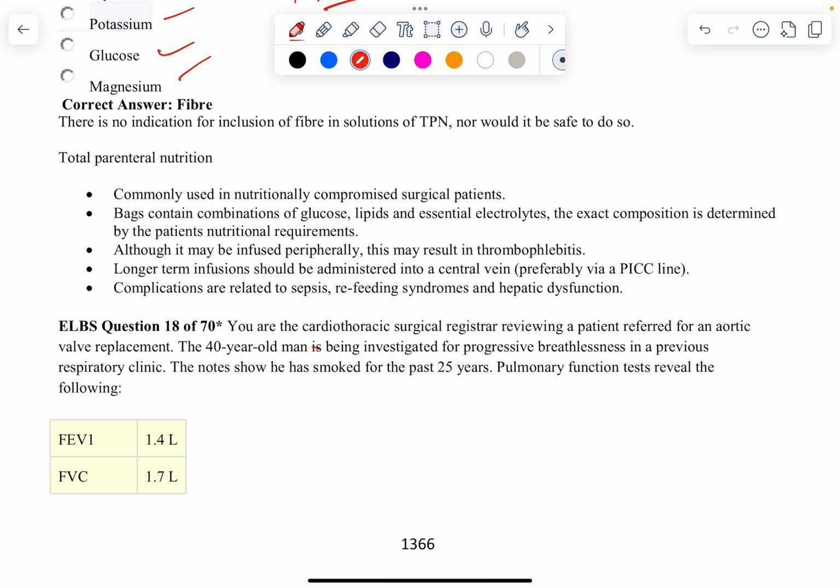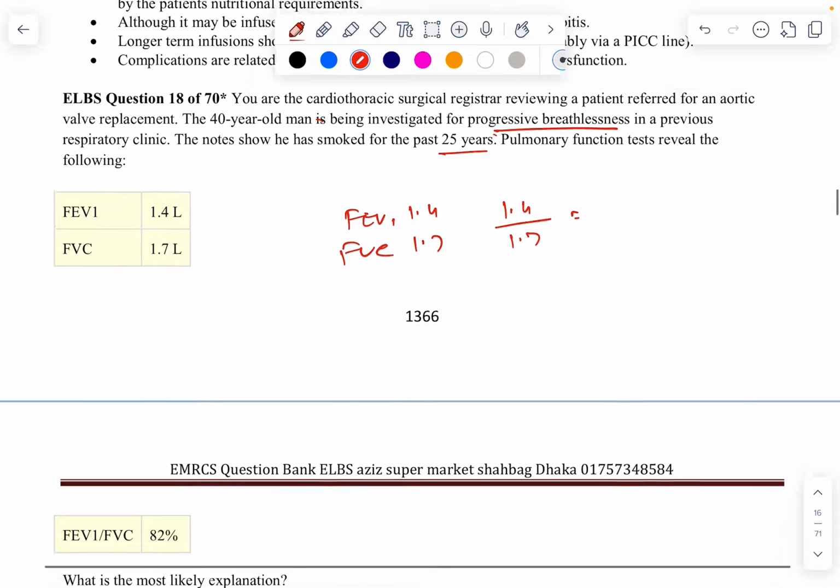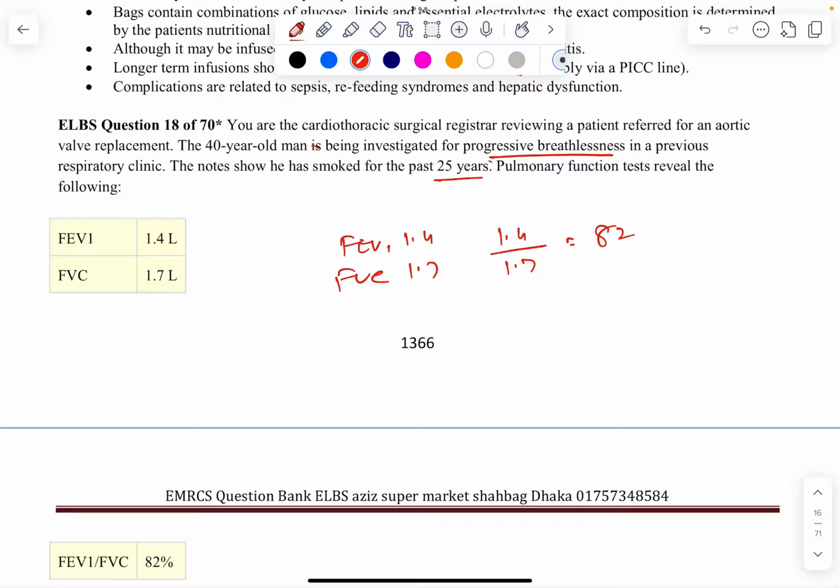You are a thoracic registrar, a patient referred for aortic valve replacement. Whatever the investigation, progressive breathlessness, new respiratory symptoms, smoking. Pulmonary function test: FEV1 1.4, FVC 1.7, so 1.4 divided by 1.7 is around 82, which means it is more than 0.7.